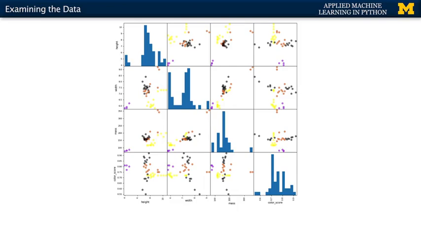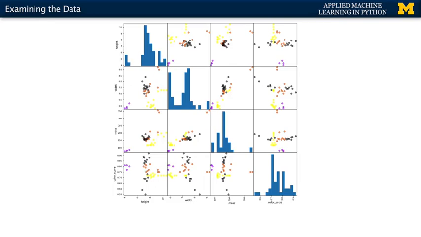So the upper left corner of the histogram here shows the distribution of the height feature for all samples in the training set. And the scatter plot to its immediate right plots the width of each sample on the x-axis and the height of the sample on the y-axis.